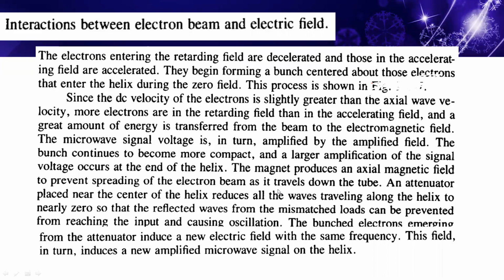Before entering the helix slow wave structure, the field attained by the electrons is zero. Clear? When electrons enter that particular electrical field, at a null field, all electrons enter the slow wave structure. According to the acceleration and deceleration, they form the beam.